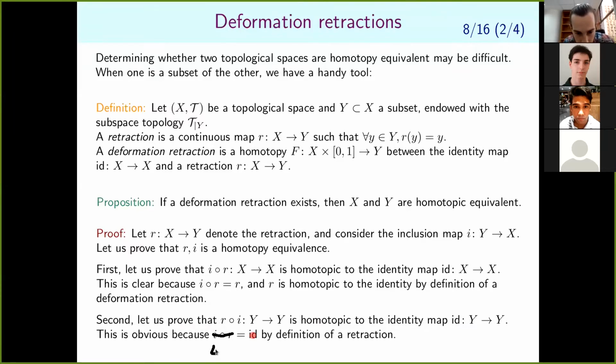R I, because if you take a point in Y, its image by R is itself, by definition of a retraction, and then its image by I, the inclusion, is also itself, by definition of the inclusion. So this map is equal to the identity. And a map is always homotopic to itself. The identity is homotopic to the identity. So we prove that the composition.